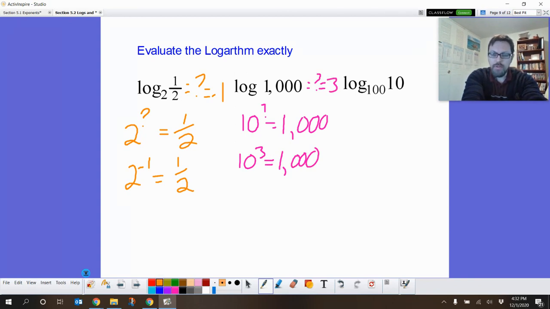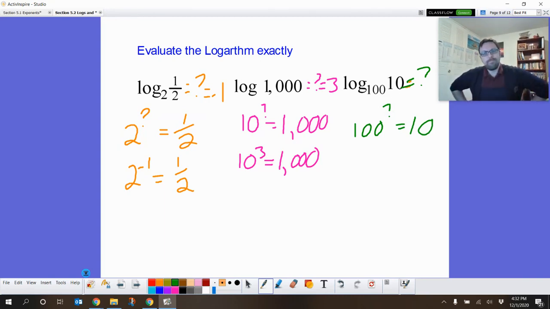Okay, let's try this one. So this equals something. I've got 100 to something equals 10. Well, when I'm looking at that one, I'm like, well, the square root of 100 is 10. Well, what's the exponent that I can put there?